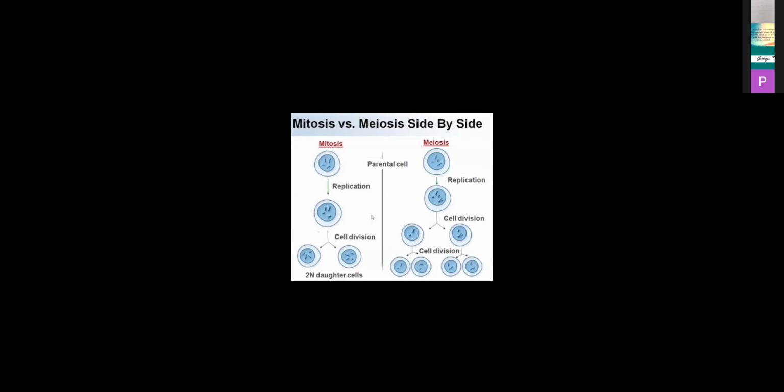Further, synapsis, crossing over, recombination, chiasmata formation. In which division do these events occur? Mitosis or meiosis? Exactly, isn't it?